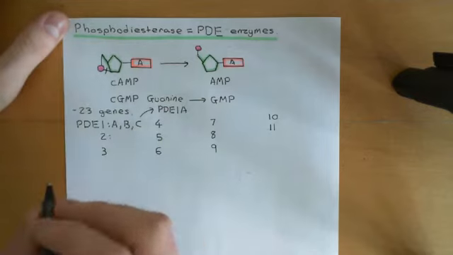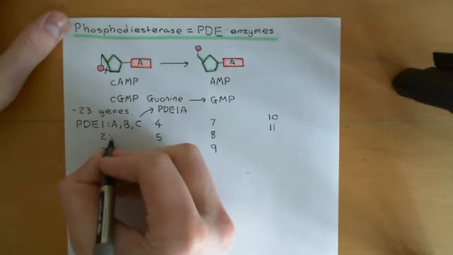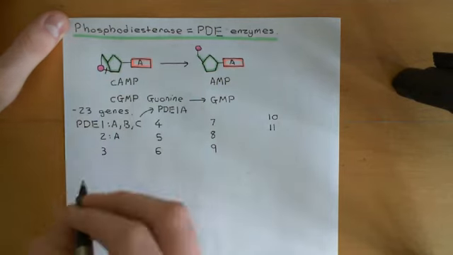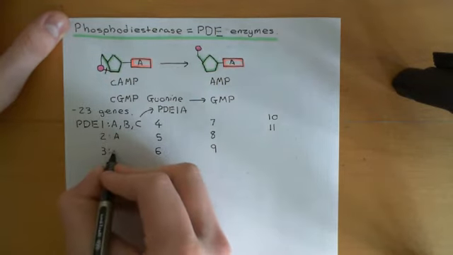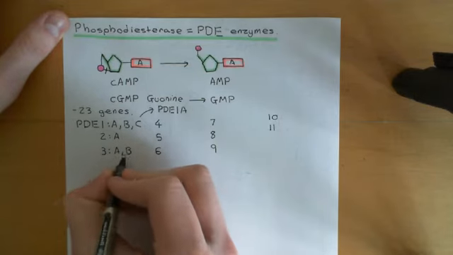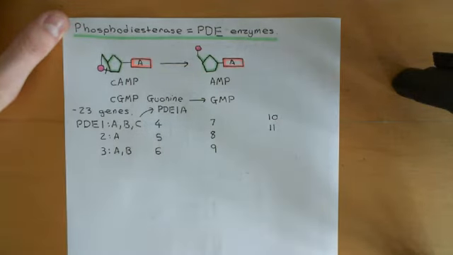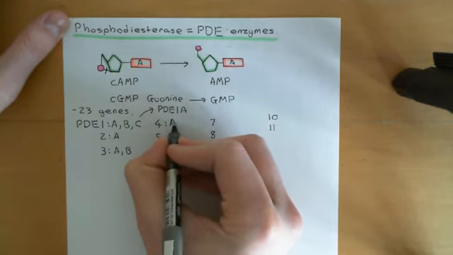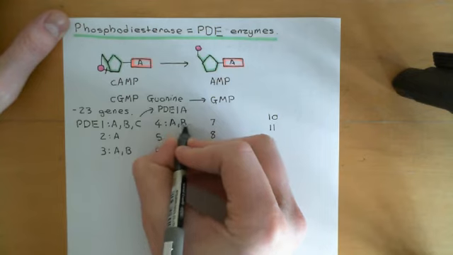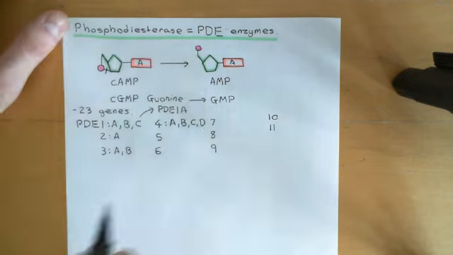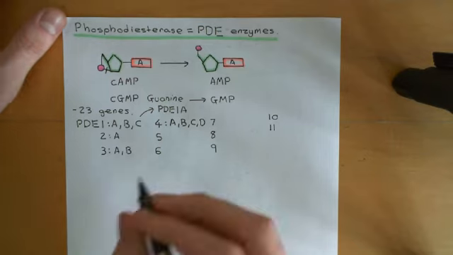Phosphodiesterase family number 2 only has one member, and that's phosphodiesterase 2A. Phosphodiesterase family number 3 has 2 members, that's called phosphodiesterase 3A and phosphodiesterase 3B. Phosphodiesterase 4 family has 4 members, phosphodiesterase 4A, 4B, 4C and 4D.